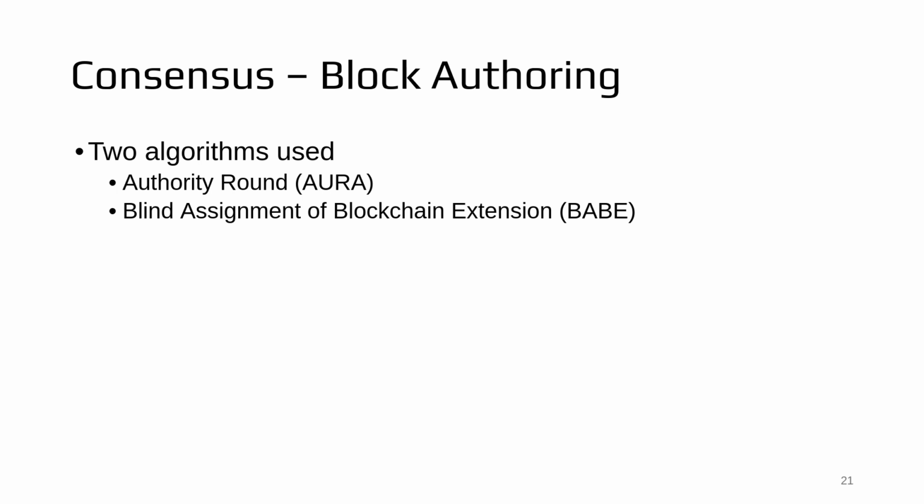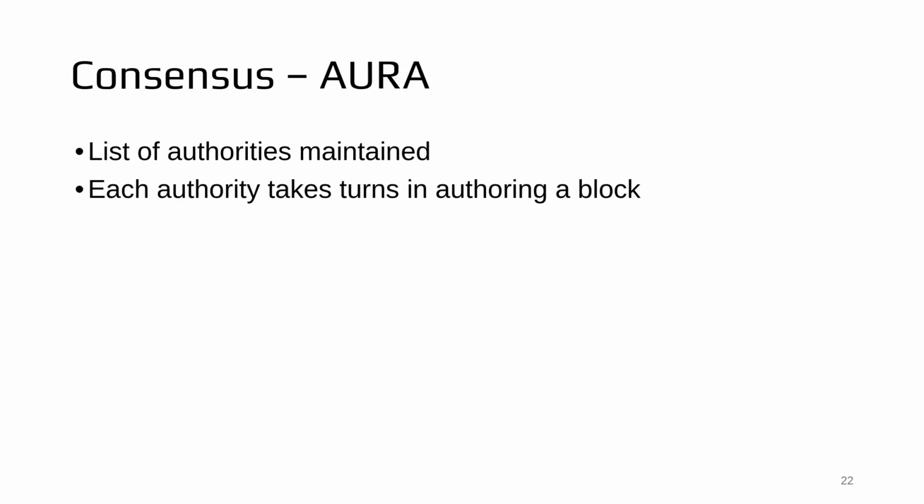And so Authority Round basically just maintains a list of authorities that can actually author a block, and each authority within that list gets a turn. So every round, the next authority gets a turn and it authors a block, and so on. And so it's just basically round robin scheduling. And that's it for Aura, very simple.